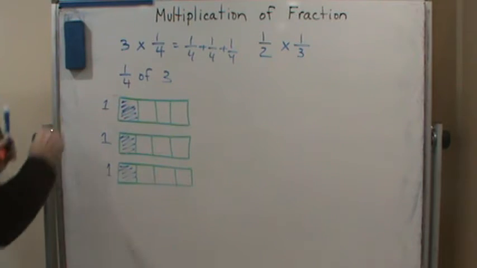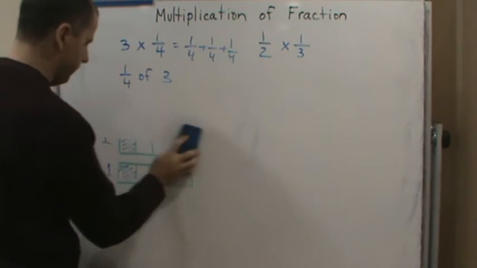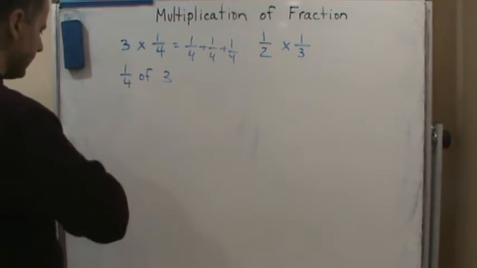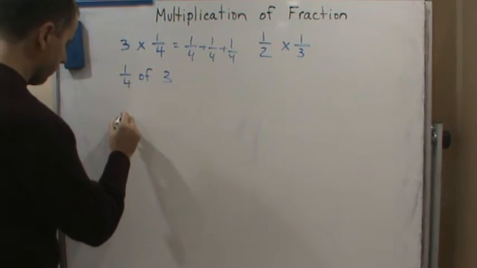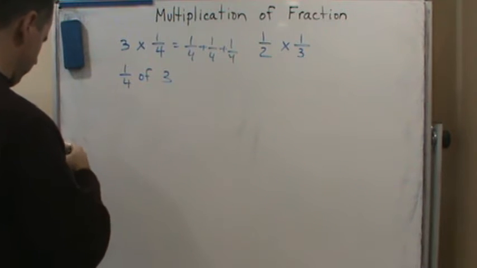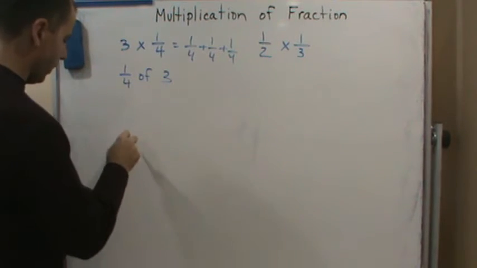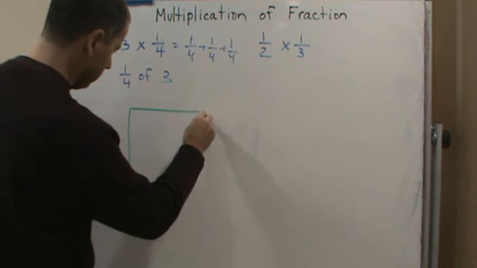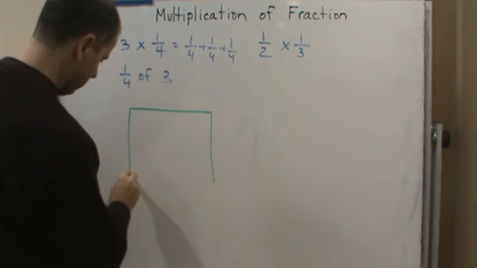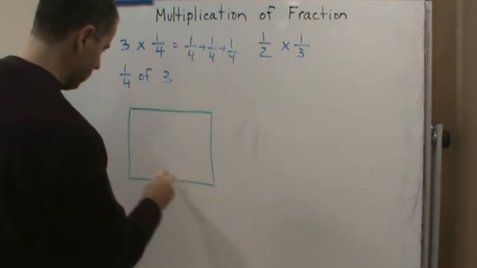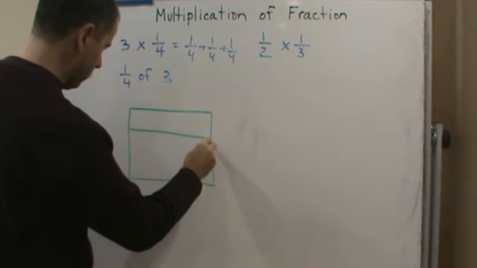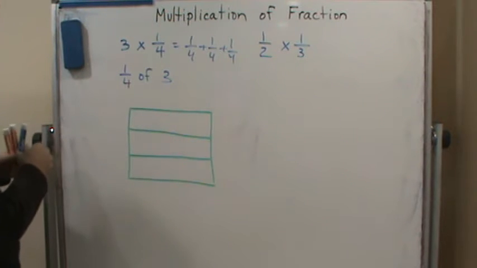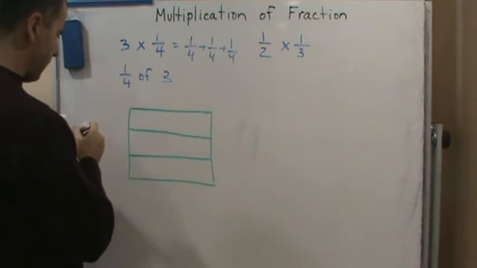Or, here's another way of looking at it. I can take three wholes. So here's 3 wholes. Each one of these represents 1.